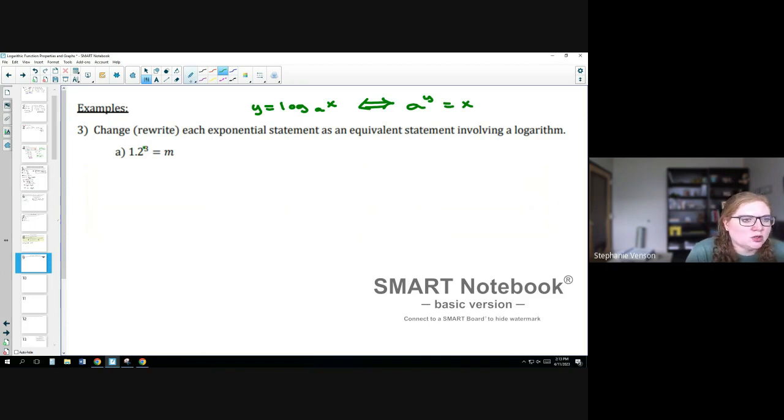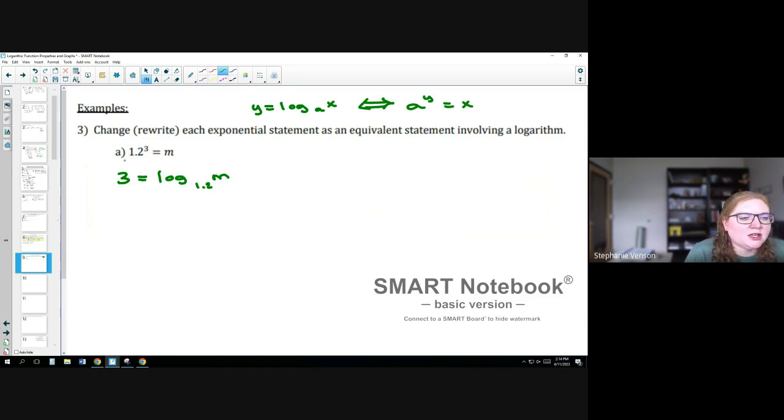Okay, so you're going to write this as, let's see, 1.2. Nope, you're not, just kidding. Try that again. You're going to write this as 3 is equal to log base 1.2 of m.